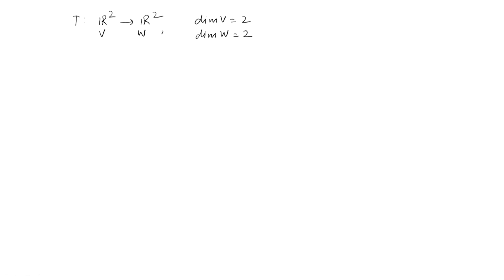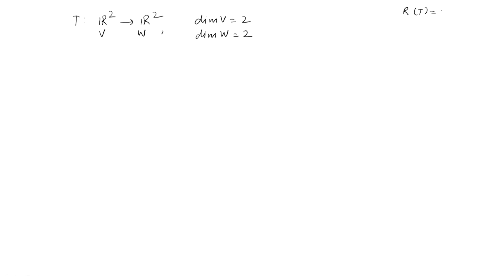If T is onto, it means the range of T will be the entire W, or we can say that the rank of T will be 2, because the dimension of W is 2. Now, it is given to us that it is 1 to 1.